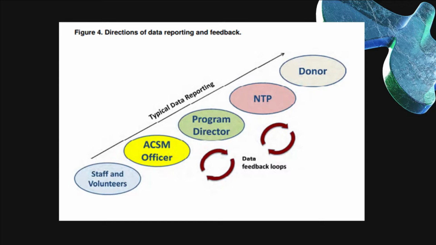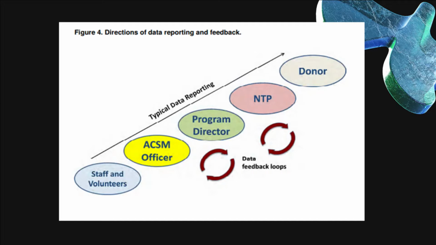As you can see, the data feedback loops are very important between the NTP and the program director, as well as the ACSM officer and the program director. A matter of feedbacking is important when we can see that data reporting must be done accordingly so that all parts will be helping.